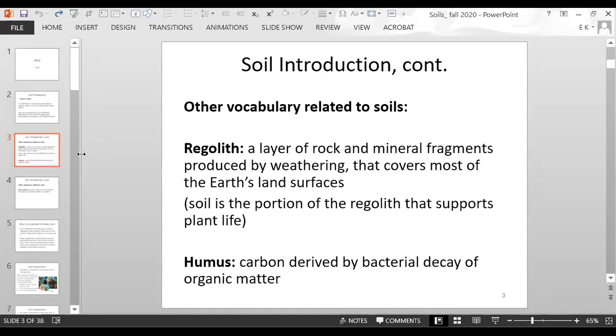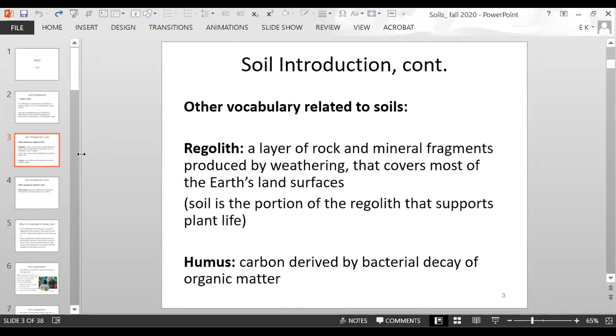Some other vocabulary terms related to soils include regolith. Regolith is a layer of rock and mineral fragments produced by weathering that covers most of the Earth's land surfaces. Soil is the portion of the regolith that supports plant life.